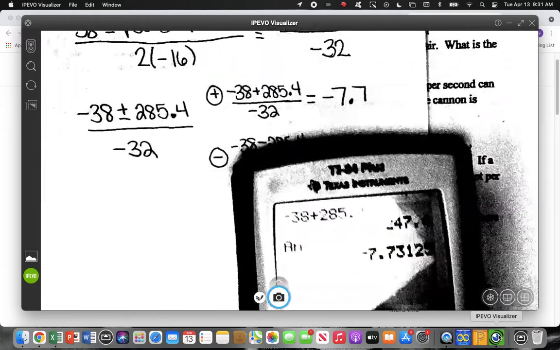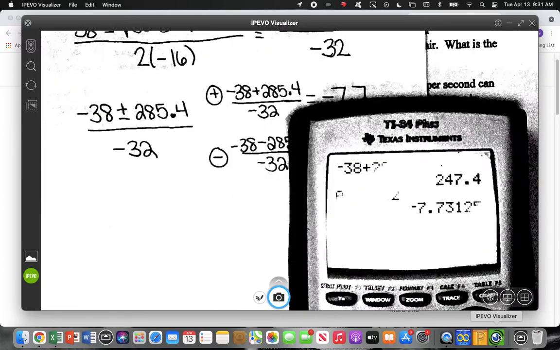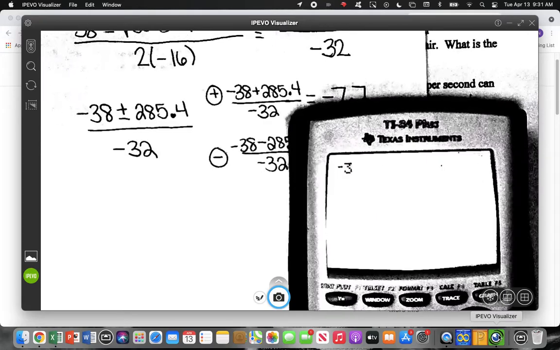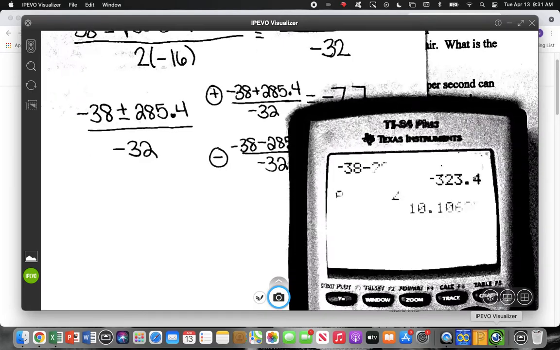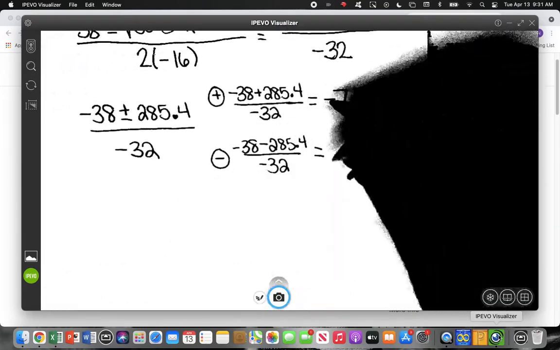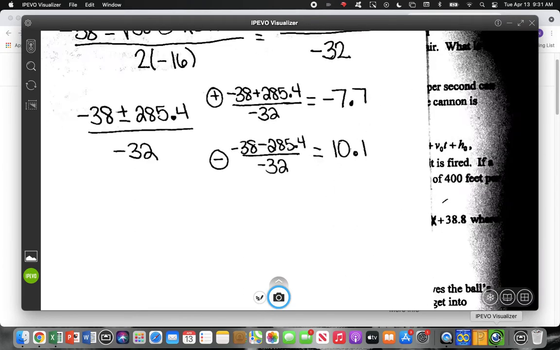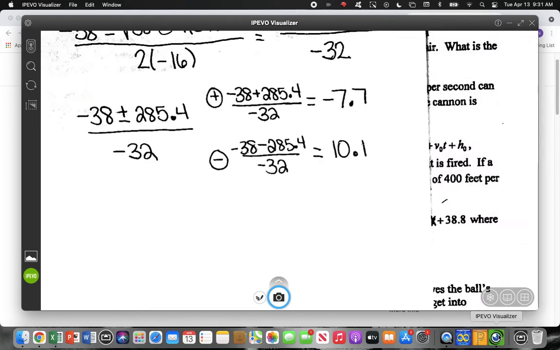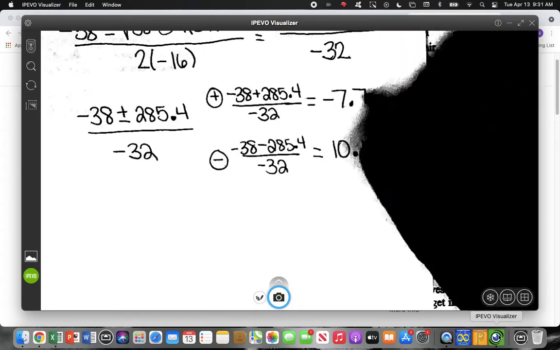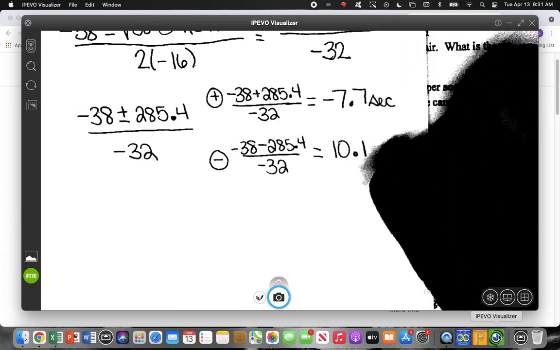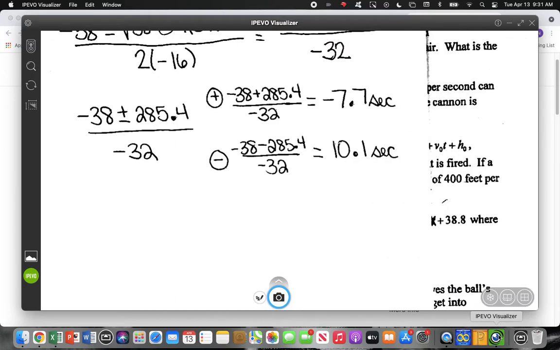All right, so negative 38 minus 285.4 gives me negative 323.4, divided by negative 32, and it gives me 10.1. It told us earlier that our time was in seconds, so we can go ahead and label those.